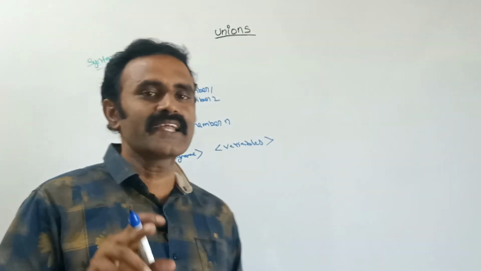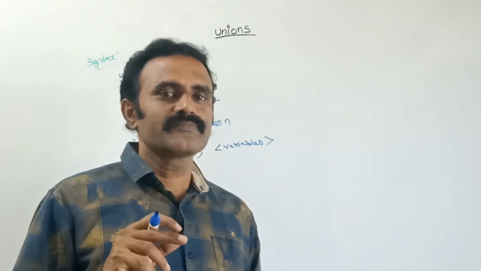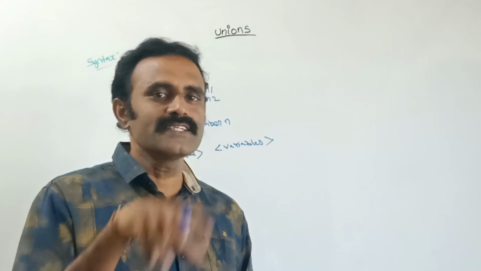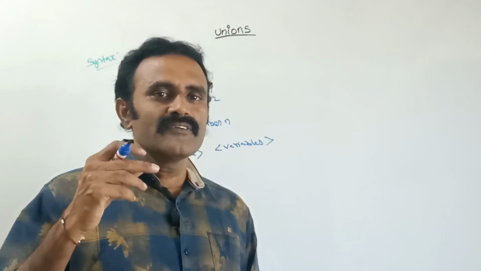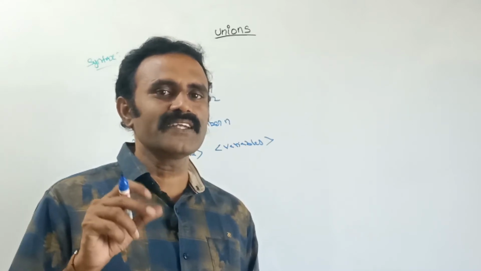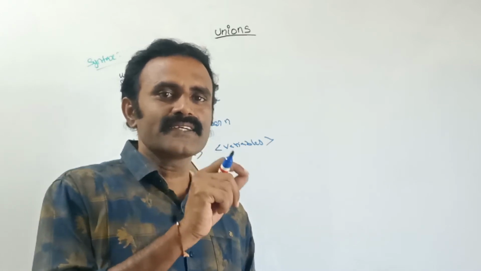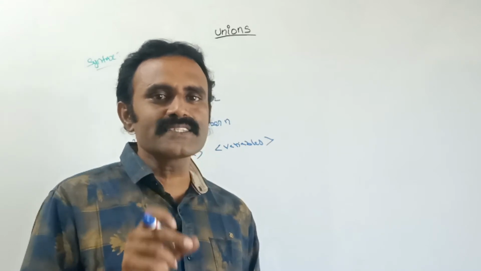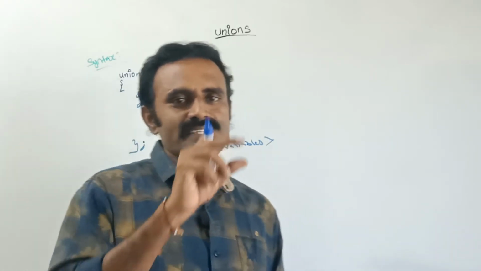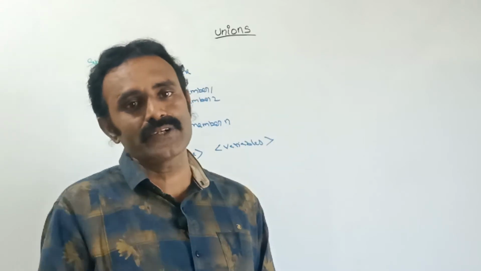For example, if I am creating 3 members in a union: first integer A, next float B, next character C. Among these 3 members, which member will have the highest memory space? For character by default it is 1 byte, for float 4 bytes, for integer also 4 bytes. Among these 3 members, the integer or float has the largest memory space when compared to the character.